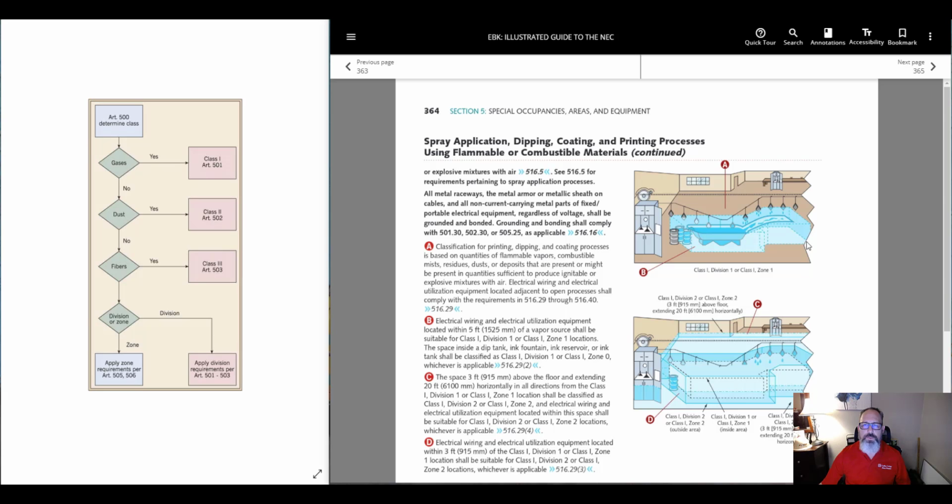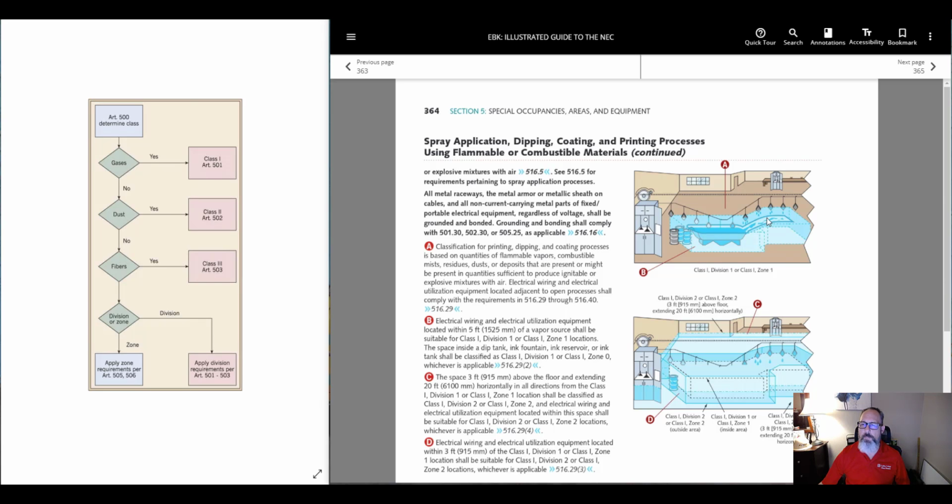Now, in this one here, we're looking at a spray application, dipping or coating, painting process where there are flammable liquids and combustible materials around. We have to look at how this has been classified. This is where you're really going to get into specifics of the customer's facility, having an engineer that has designated this, so you know.